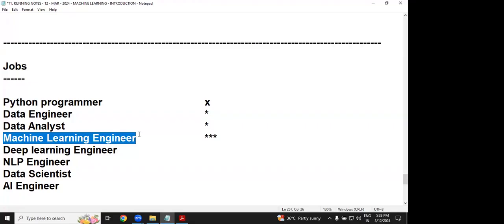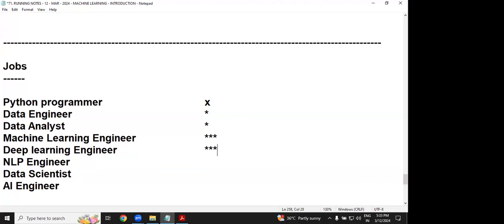By using machine learning, we create models. By using that model, we do the prediction. Simple, right? From here onwards, these are all very important. Anything you can apply. Sir, AI engineer, very interesting.